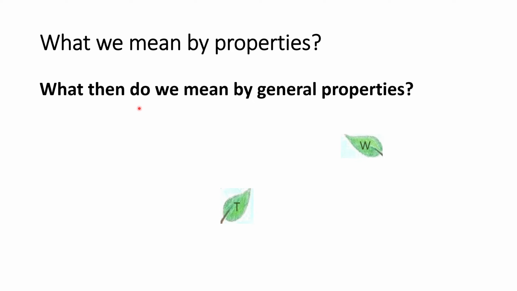Okay, what do we mean by a general property? Let's give an example. Melting point is a general property. Boiling point is a general property. Let me just get my pen. So, is it magnetic? What state of matter is it?